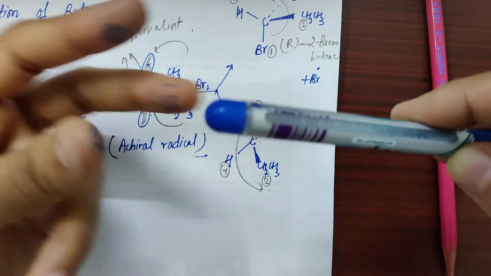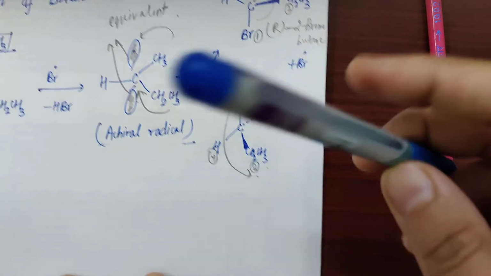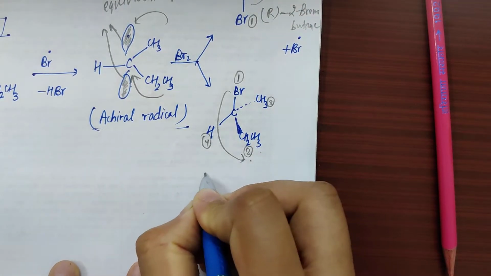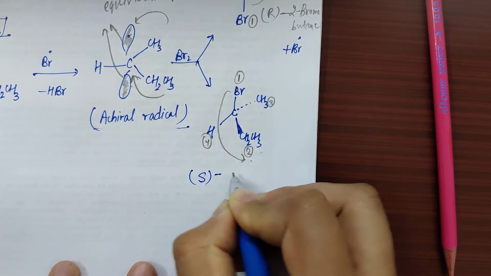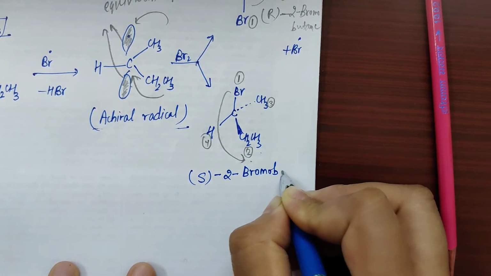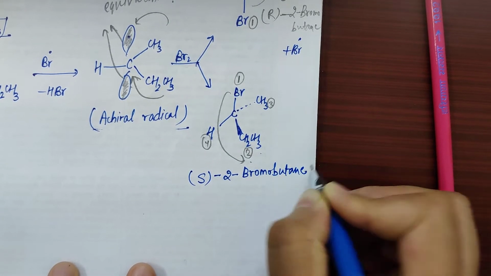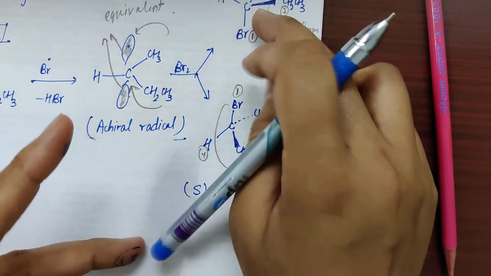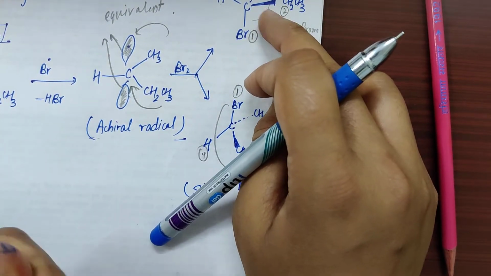So you can simply assign the RS nomenclature, and for anti-clockwise it is S. So it is S-2-bromobutane. If you want to do the nomenclature for this one, it is also the same way.